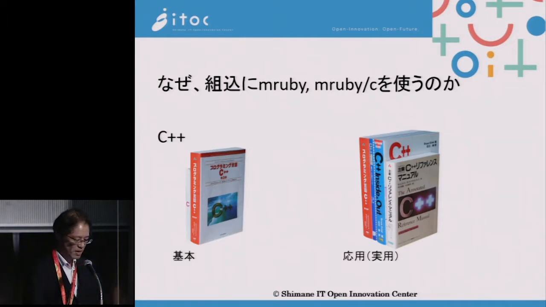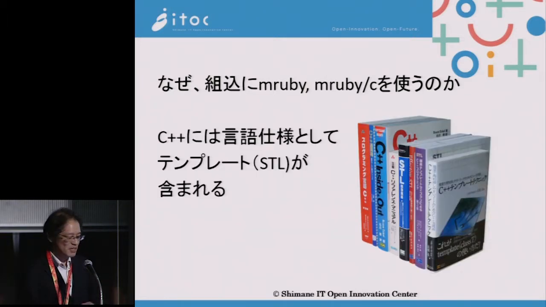So this is the book written by the developer of the C language. And if you would like to learn more advanced C language, you have to learn all these books. And in C++, there is a template. So personally, unless you are very familiar with this STL, I think you can only get 50% of the benefit of using C++.